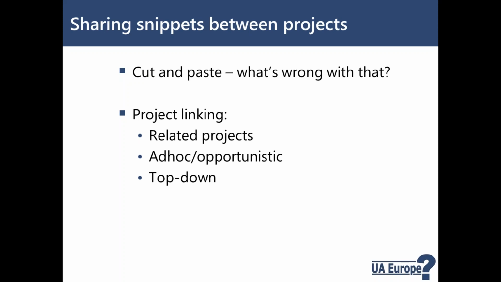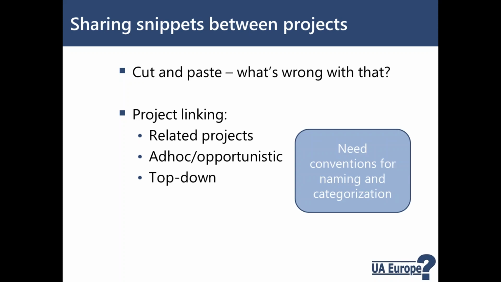I'm not going to go into the precise detail of how you link projects. You do it using a Flare project import file. I'm probably not going to have time to show you that, but I'm just going to show you a few different strategies. If you are doing this, keep in mind that it means files are going to be moving, transferring, copying themselves between projects.